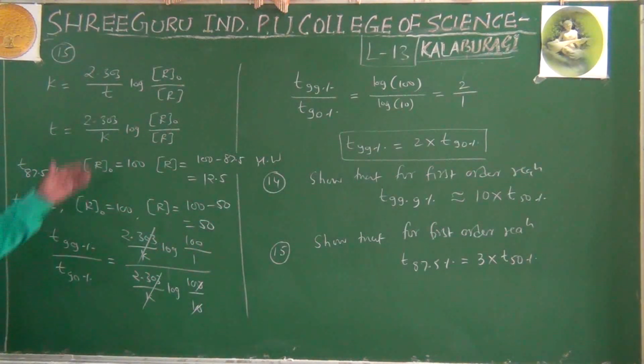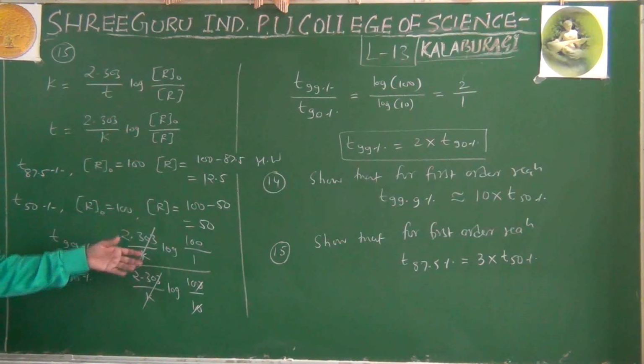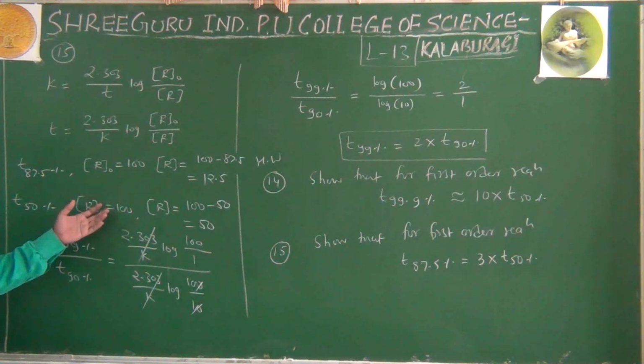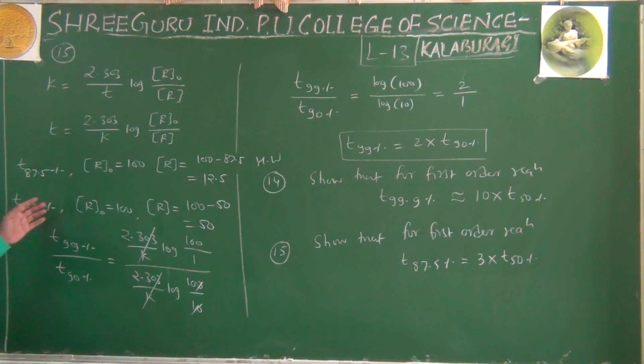I think it is okay. I am just changing the values here because you have already solved this question, so I can change the numbers and solve it, and save time. Then it is 87.5% and this is 50%.